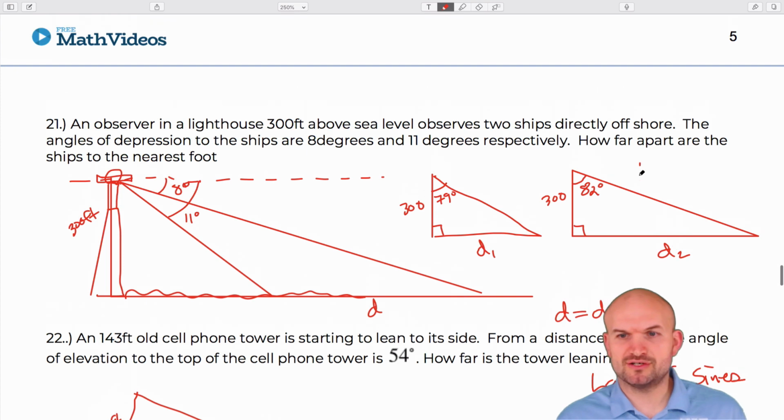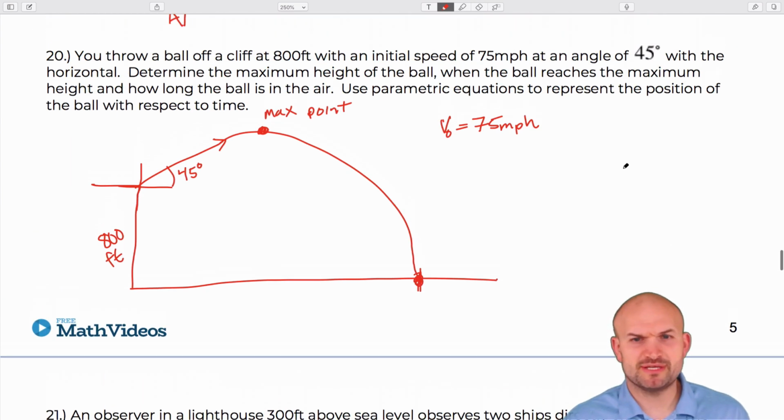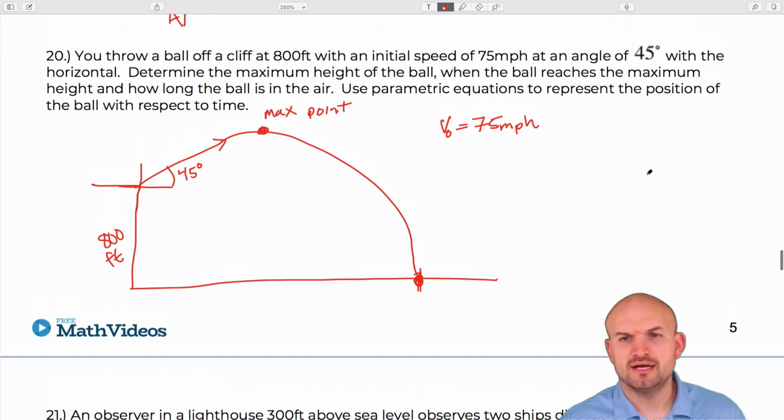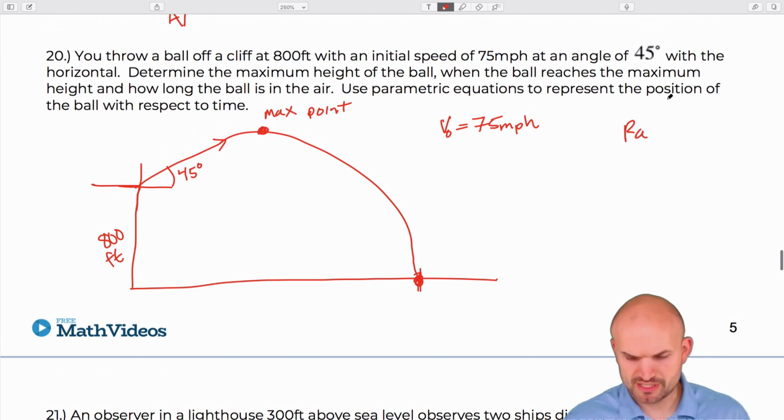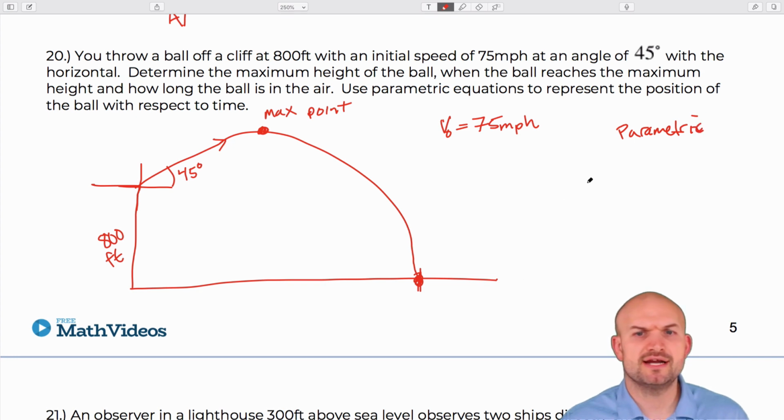We have right triangles here, so I'll just say using right triangles. The next one is going to be using parametric equations. Obviously, there's going to be a lot of things we're solving for, so I'll just write that as parametric. Parametric, that's a C there.